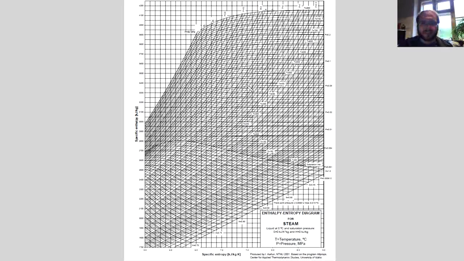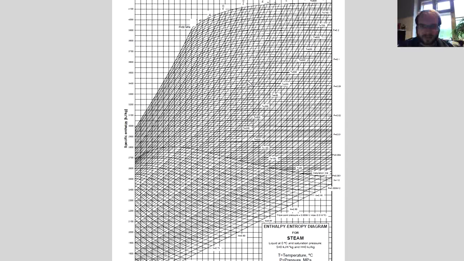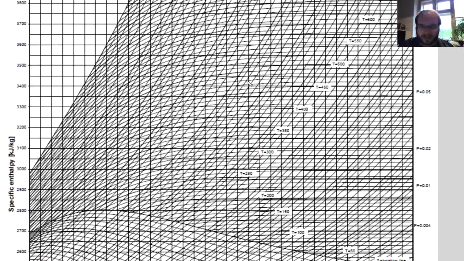So let's try to find our state at the turbine inlet. The temperature at that point was 450 degrees C, so we can see the isotherm 450 over here. It's this one.